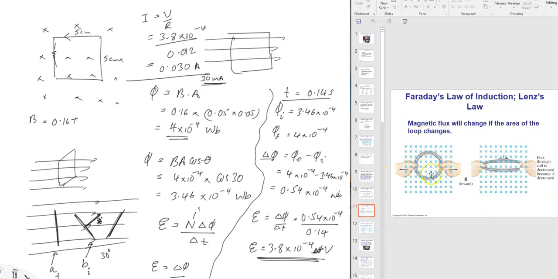Magnetic flux, you can change it by changing the area of the coil. Now, here's an interesting thing. There's a magnetic field going into the board. We have a coil and there's a magnetic field going into it. When you stretch it, it says current goes clockwise.